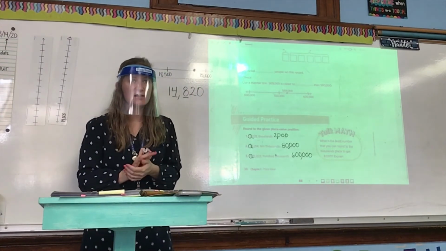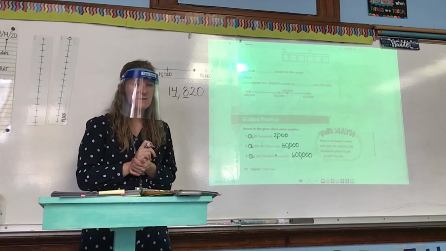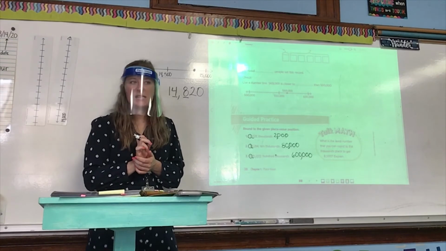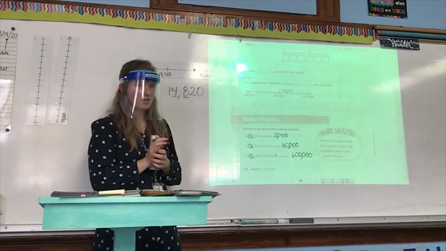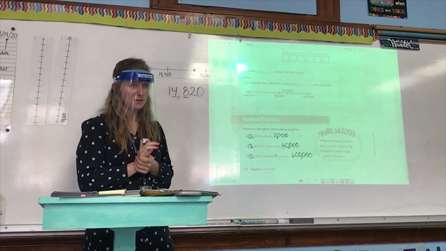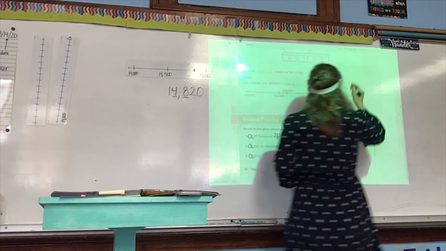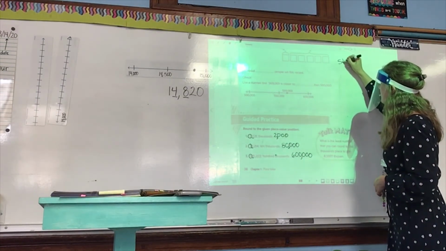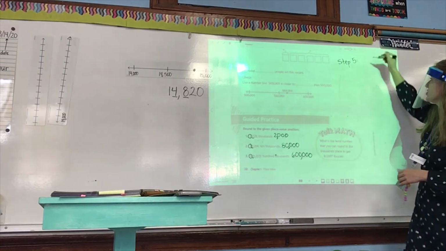Can somebody tell Zari what step 5 is? I'm going to let Cullen do it because she's right next to the computer, so they should be able to hear. Any digit before the circled digit stays the same. So Zari, step 5 has nothing to do with the underlined digit.